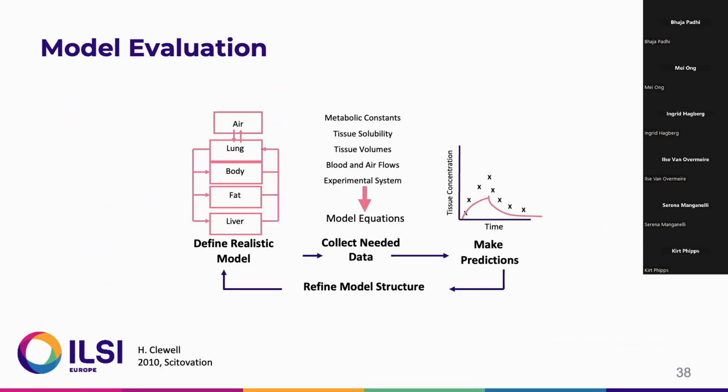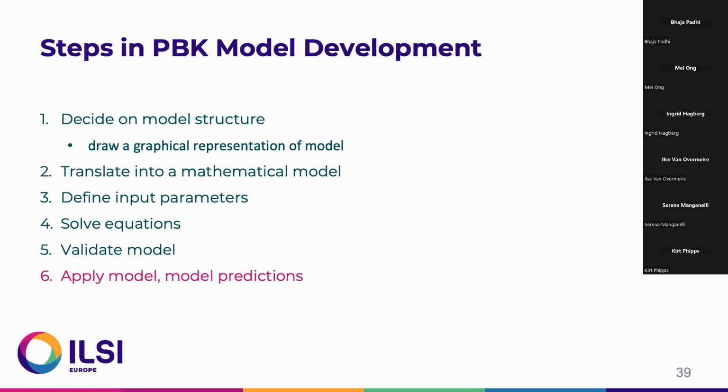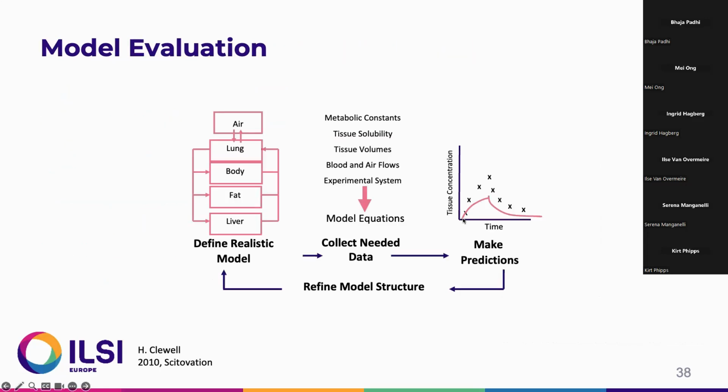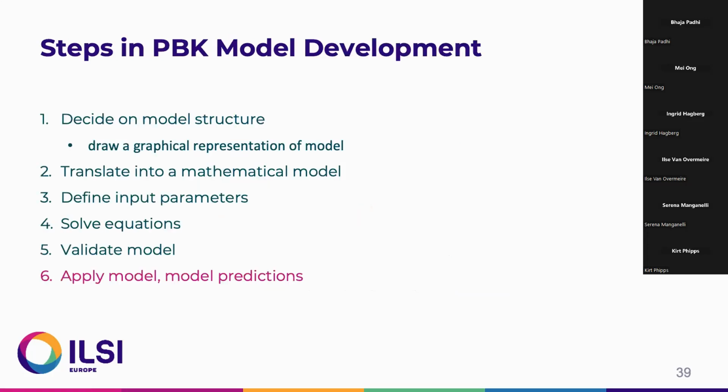Usually you run the model for a certain exposure scenario for which you have toxicokinetic data, and then you see whether the simulations overlap with the toxicokinetic data that you have, and then you refine the model until it works. That's validation in a nutshell. There's more to it, but I think we'll keep it here, and I can explain in more detail later.